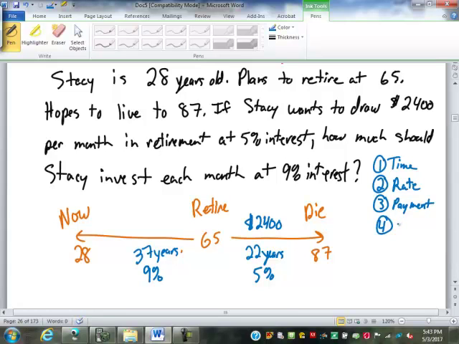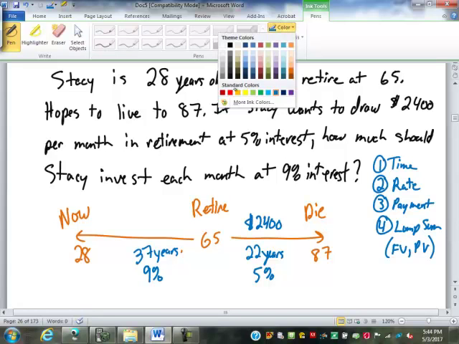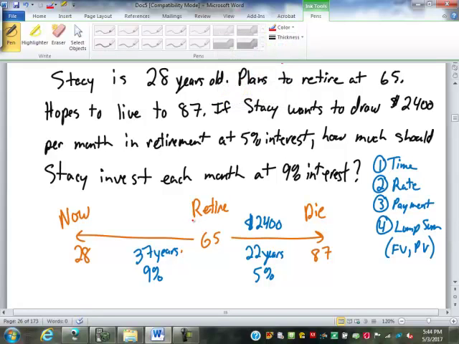The fourth thing is the lump sum, which is a future value on the investment side and a present value on the retirement side. The future value on the investment side is going to equal the present value on the retirement side.